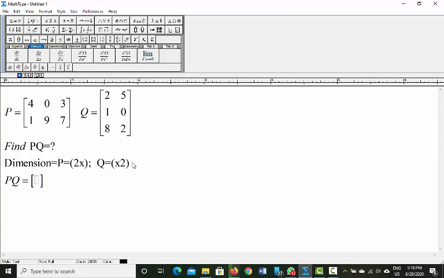So the dimension of the resulting matrix will be 2 by 2.